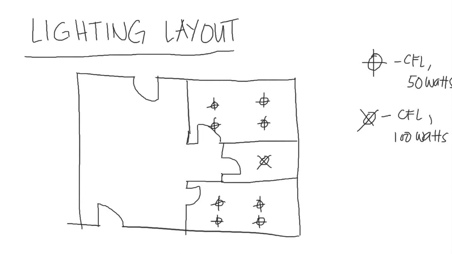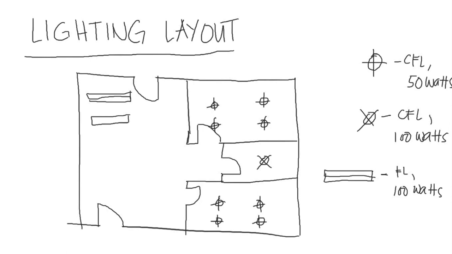And for the kitchen, I will be using a 2 bulb fluorescent. I will assume it is 100 watts. So two lamp fluorescent, and I will be using 2 fixtures.